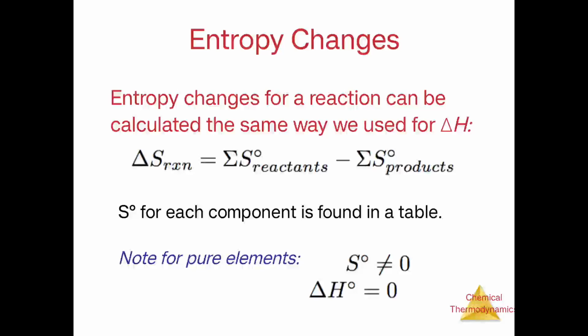So the change in entropy of a reaction is the difference between the sum of the standard entropies of all the products formed and the standard entropies of all the reactants. That is why the individual standard entropies were highlighted in the previous slide. But for pure elements, not for pure crystalline substances, for pure elements, your change in enthalpy is zero at standard condition, but the standard entropy is not zero.